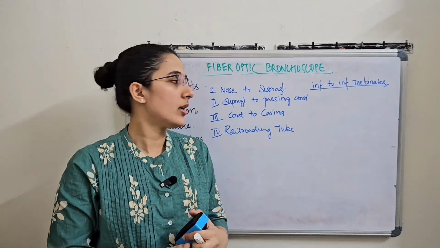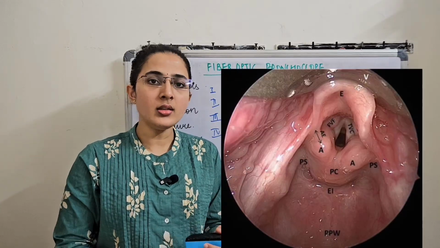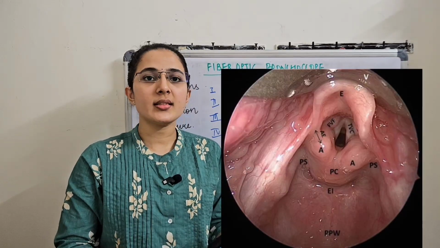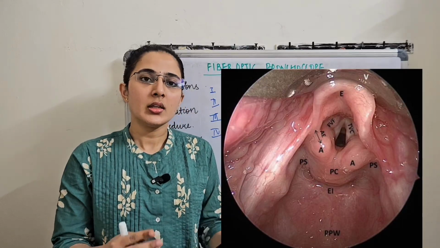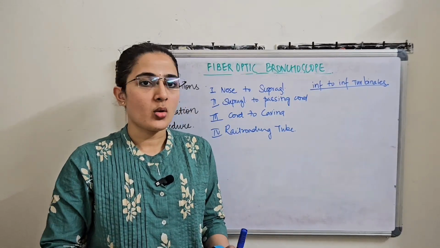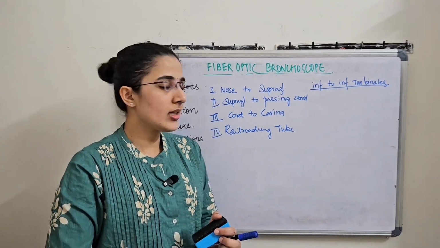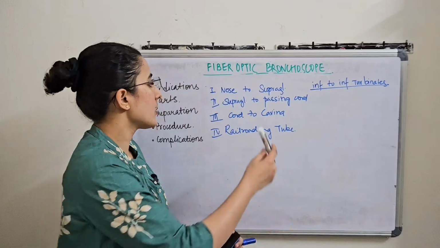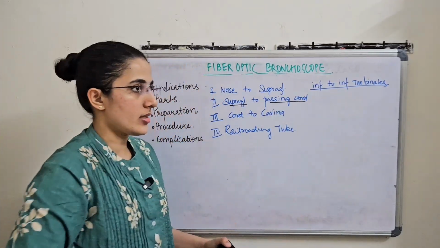Once you reach the supraglottic view, I'll put a picture. We'll be able to visualize the epiglottis, the arytenoids, aryepiglottic fold, true cords and the false cords, and the pyriform fossa. Once we are able to see all this, we can go on to the next step, that is from the supraglottic view to passing through the cords.